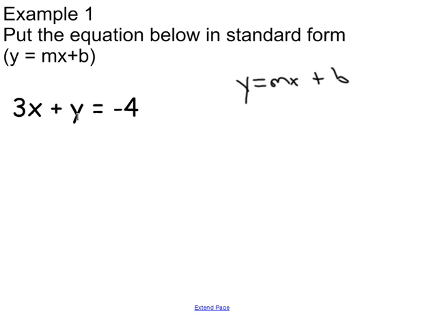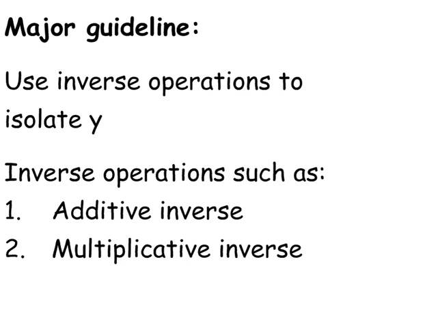So there are some guidelines, and they come from basic equation solving, and it's just one major guideline. What you're going to do is use inverse operations to isolate y. That means to get y by itself. Inverse operations such as the additive inverse and the multiplicative inverse.